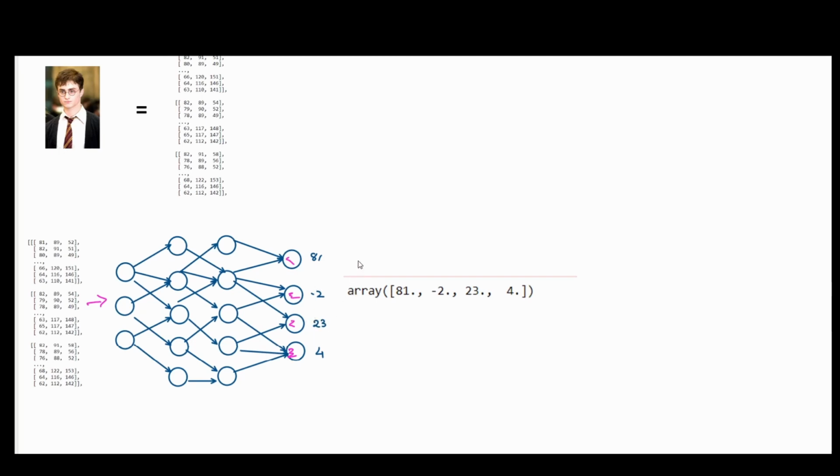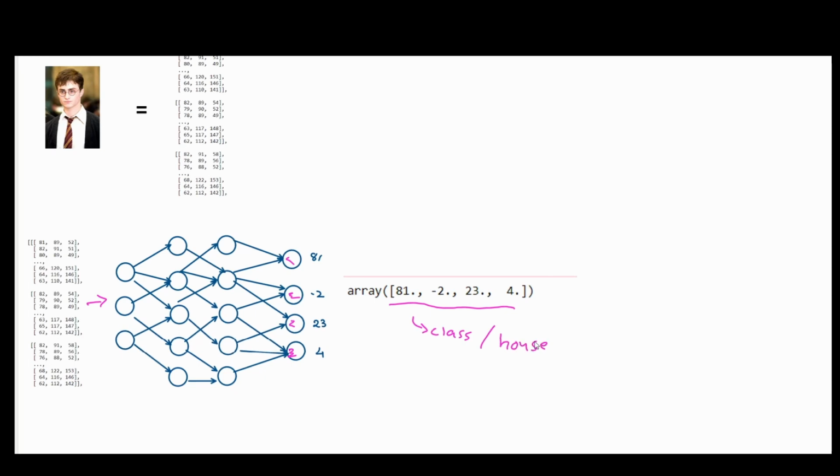But then how do you map this number to the output? Because you don't want the number as an output, right? Ideally, if you get a number like this or an array like this, how do you understand which is the class, or in this case, which is the house that the neural network is referring to?